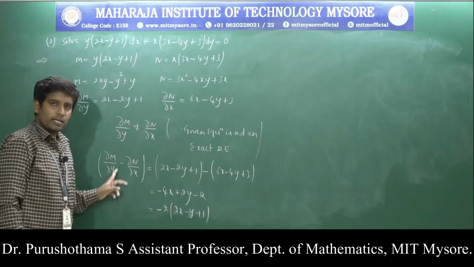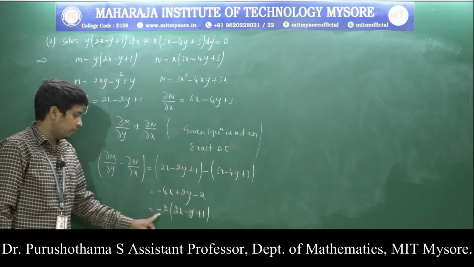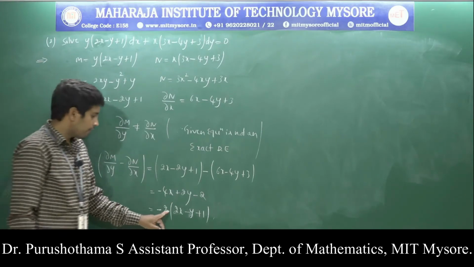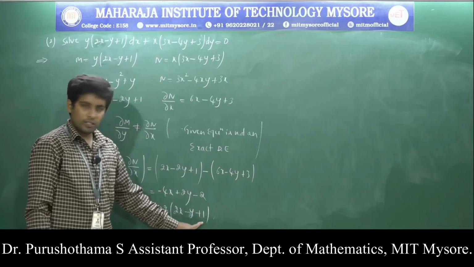M with respect to y minus N with respect to x is equal to minus 2 times (2x minus y plus 1).